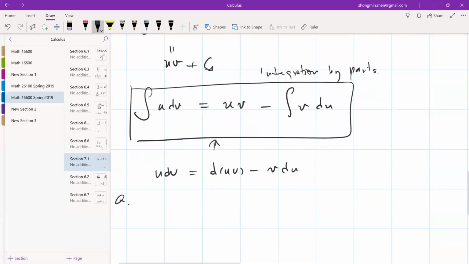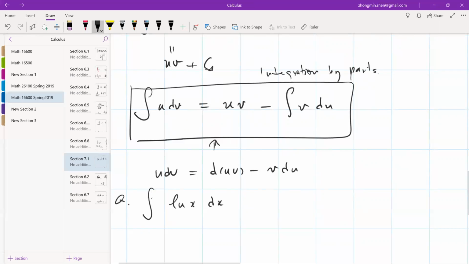We know natural log is a very important function, right? But a very simple question: what is the antiderivative of natural log of x? In other words, what is the integral of this?